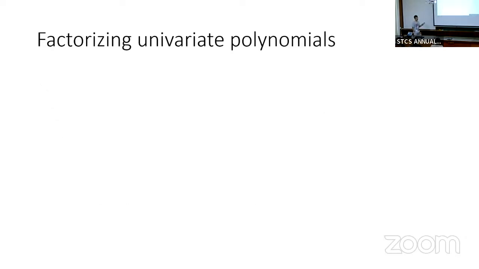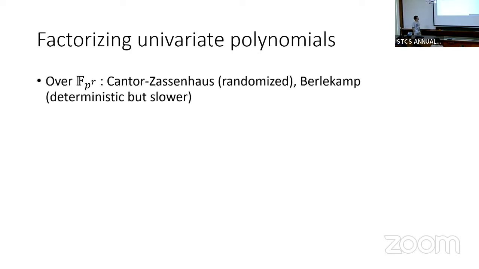Before we go to multivariate, a brief look at what happens in the univariate case, which is simpler. When you're working over a finite field, some of the classic algorithms known are one by Cantor-Zassenhaus, which is a randomized polytime algorithm, and one by Berlekamp, which is deterministic but slower, since there's a dependence on the size of the field.